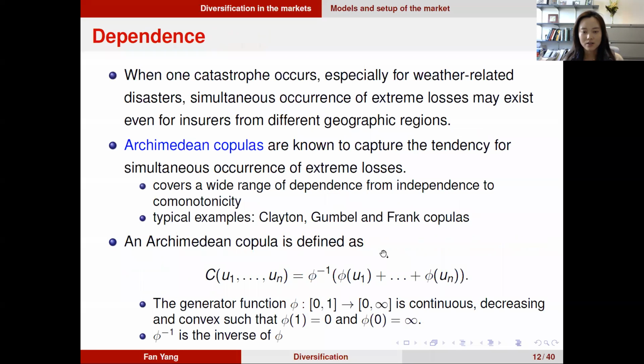The formal definition of Archimedean copulas is given down here, and it is defined through the generator function phi. Phi maps from (0,1] to [0,∞). It's continuous, decreasing, and convex, and satisfies such a condition. And phi^{-1} denotes the inverse of phi. Okay, so this is the Archimedean copula.